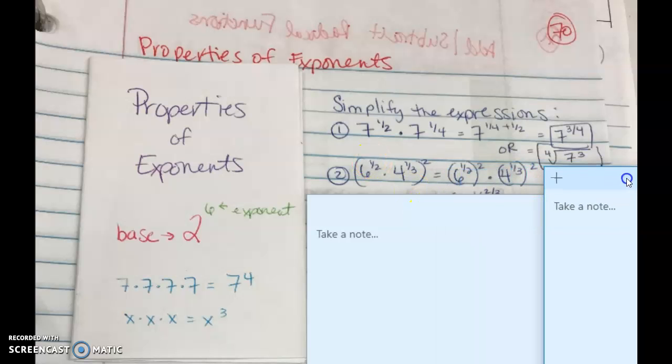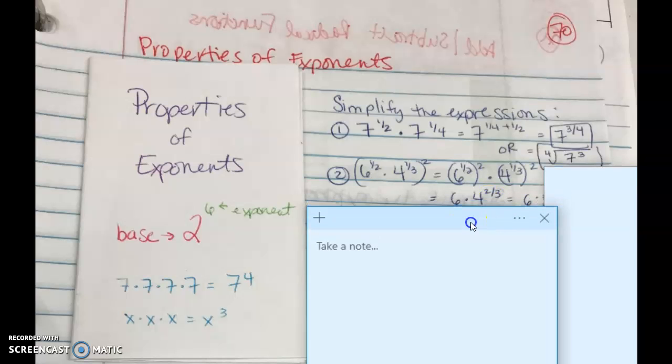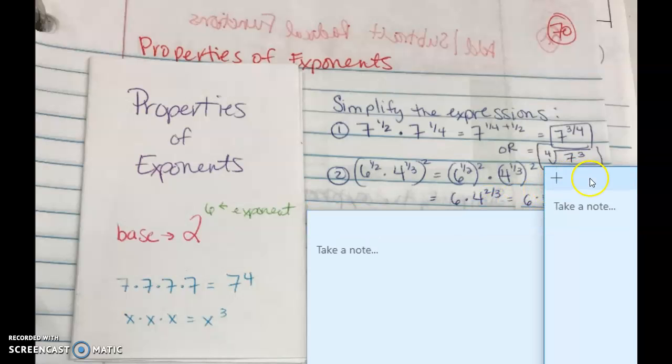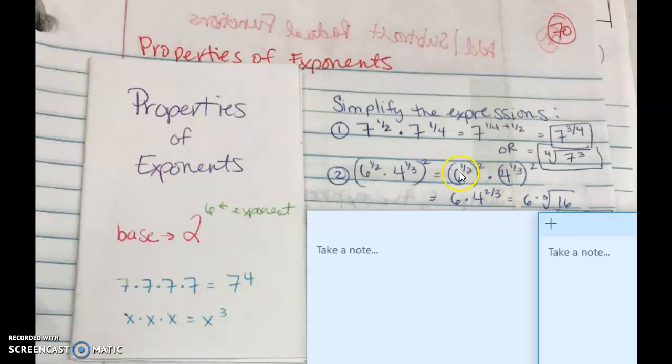So for example, I can give that square to the 6 to the 1/2, and I can also give it to the 4 to the 1/3. I would now multiply those two. You have another rule that says when you have a power raised to another power, you multiply the two numbers. So 1/2 times 2 is 1, so you have 6 times 1/3 times 2 is 2/3.